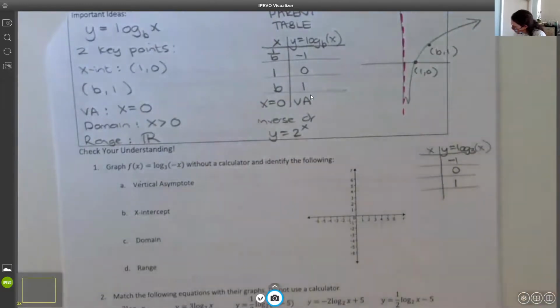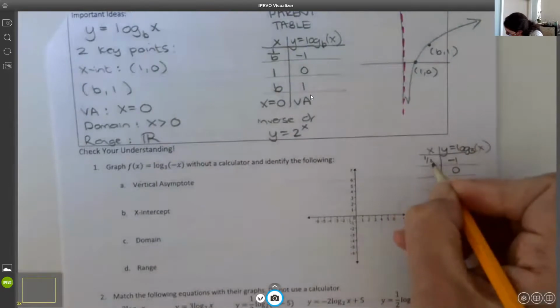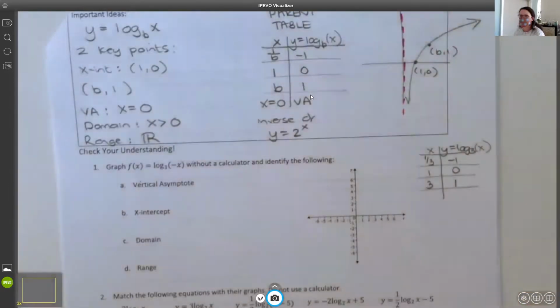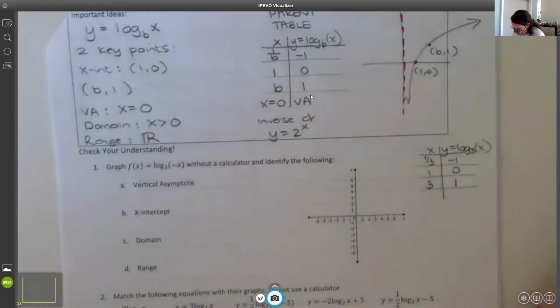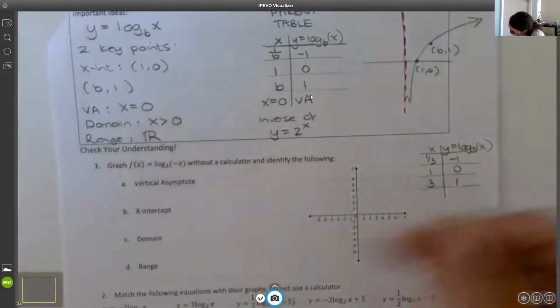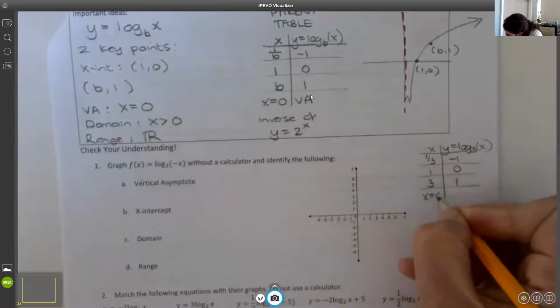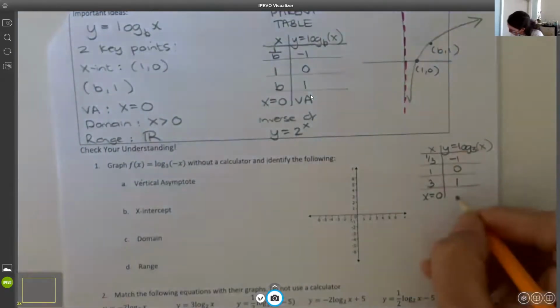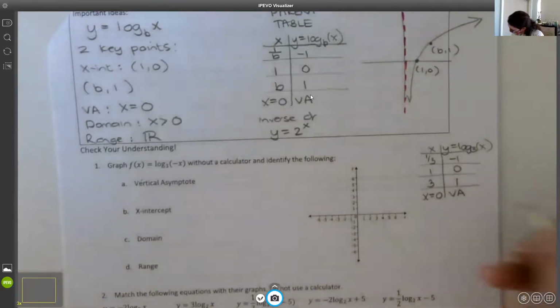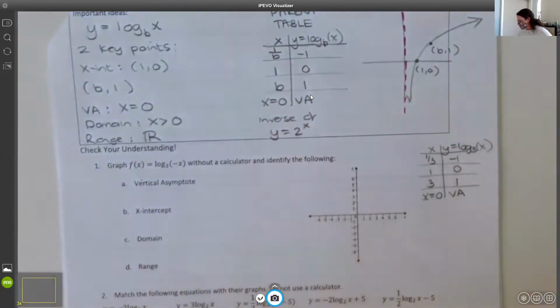And then here my base is 3. So here I'm just going to have 1 over 3, 1, and 3. And then I have a vertical asymptote of x equals 0. And I always put the asymptote in there because if it's affected by transformation, that's going to show up there as well.